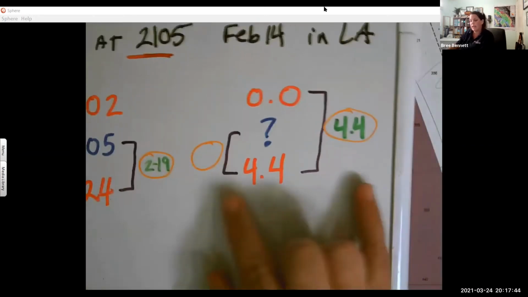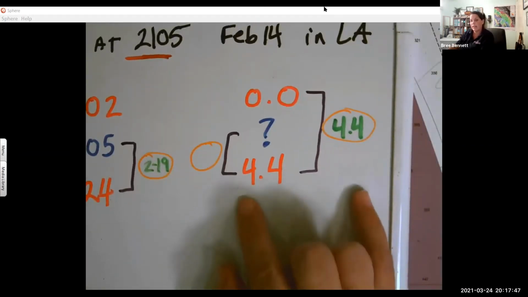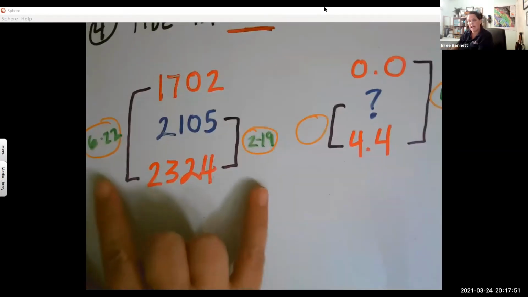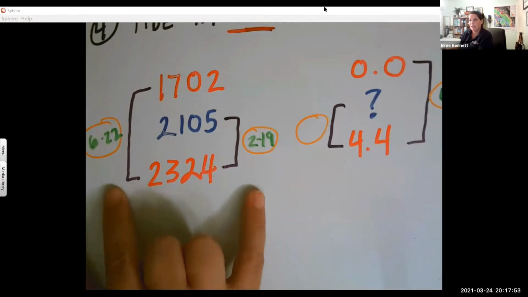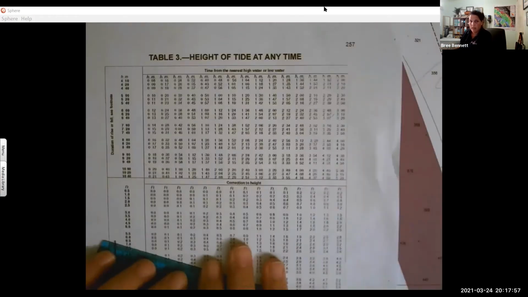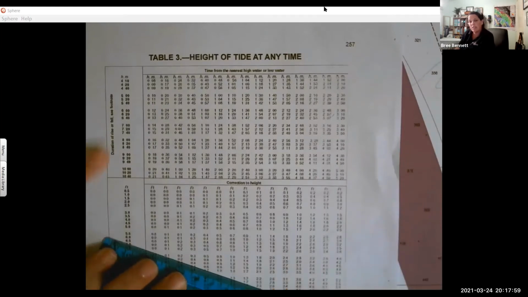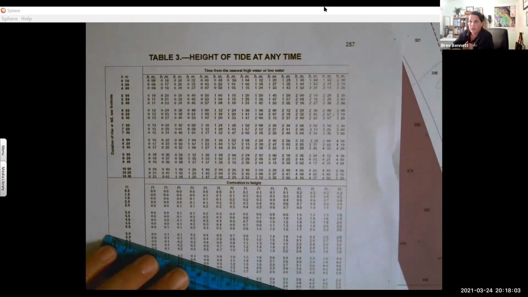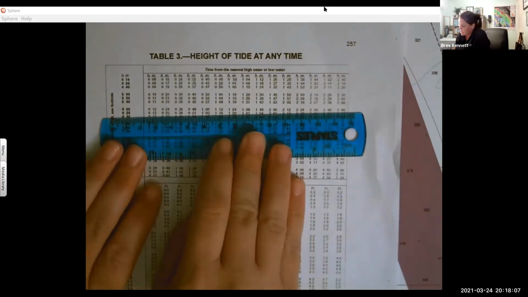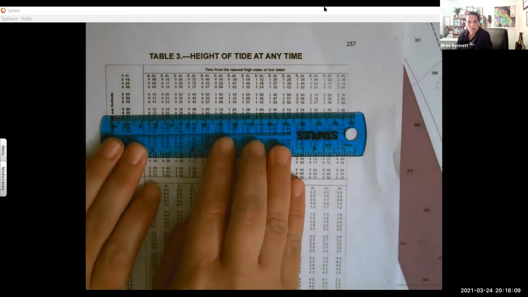If the two things we had were on the feet side, then we'd start at the bottom. In this case, the two pieces that we have are on the time side, so we're going to start at the top of the table. And on duration of rise or fall, we're going to find 6 hours and 22 minutes. So we are going to be closest to that 6:20.